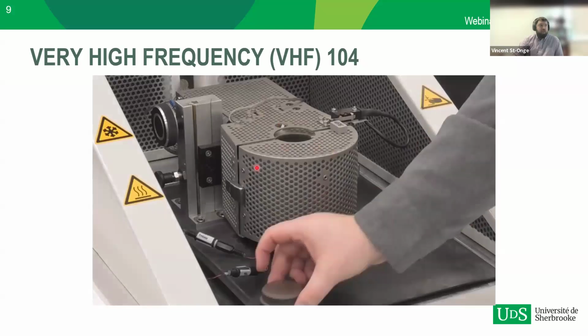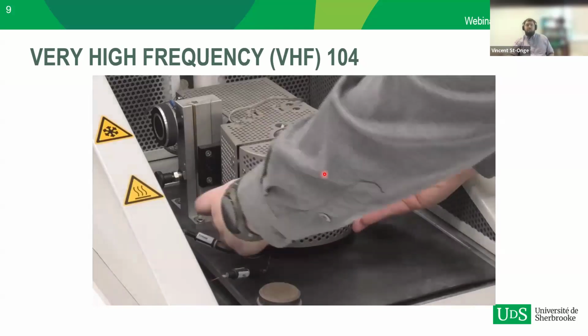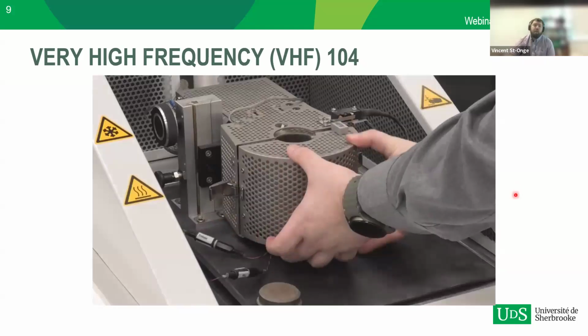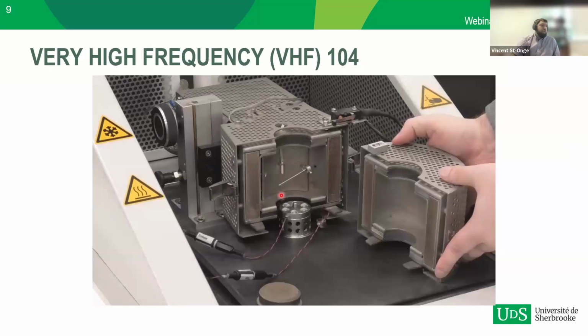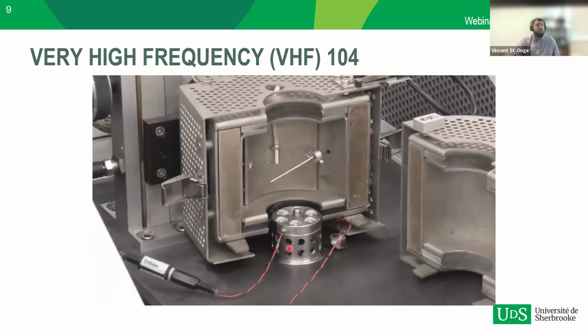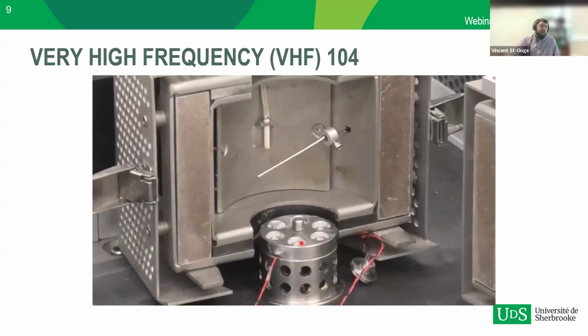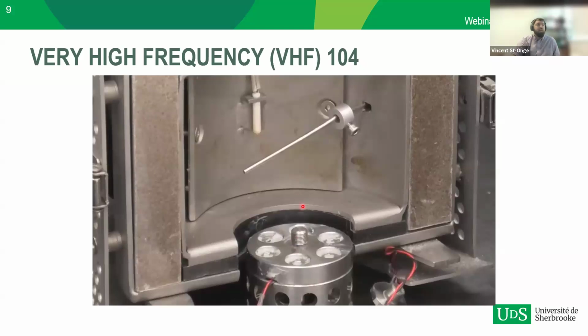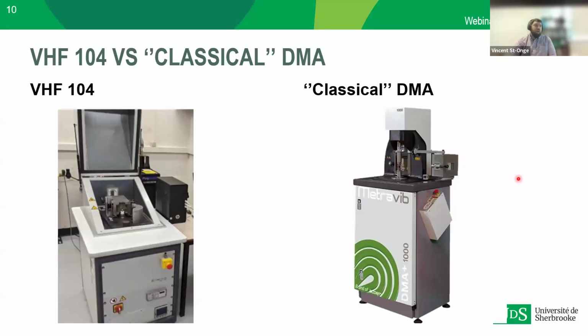Inside this oven is where your sample will go. The sample will be screwed on top of this little part here, which is the shaker. We're going to be shaking or vibrating this shaker at various frequencies, up to very high frequencies, to measure the properties of the material.